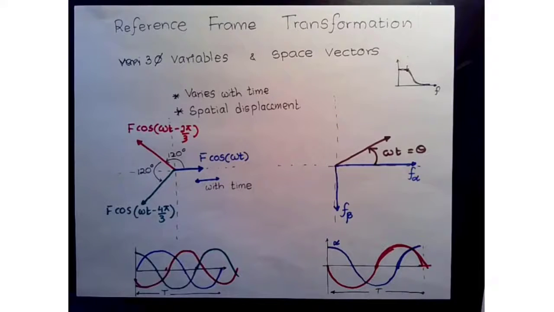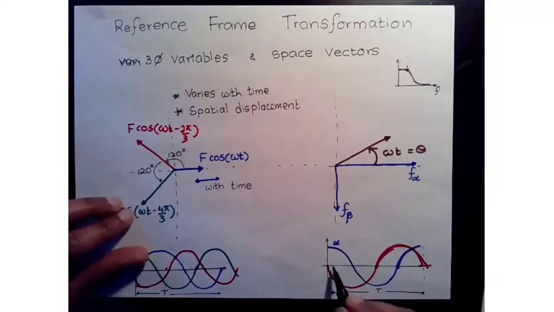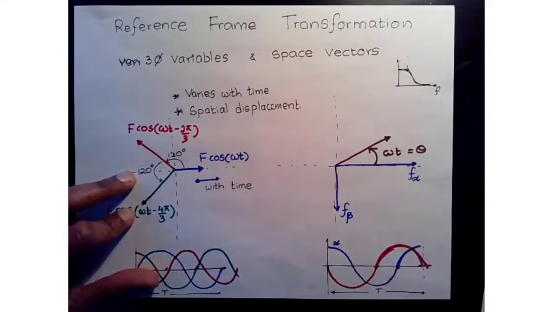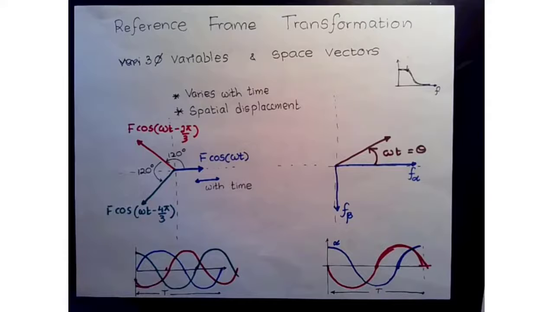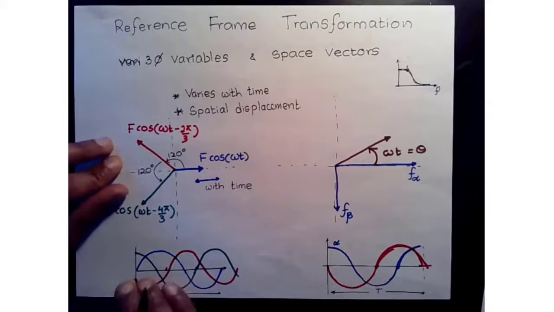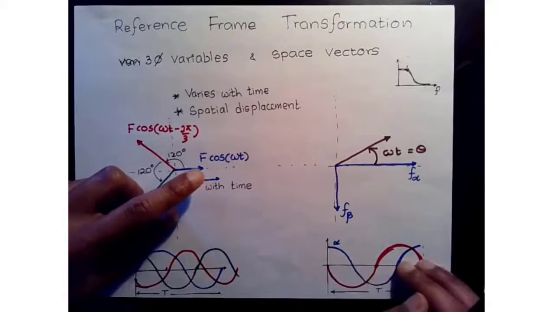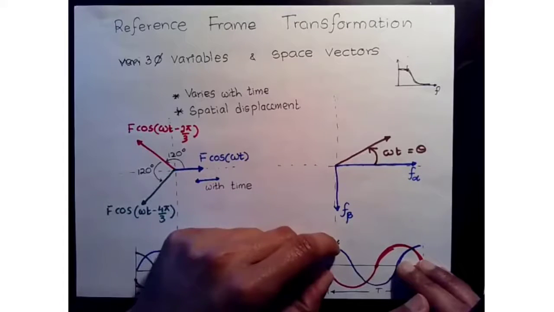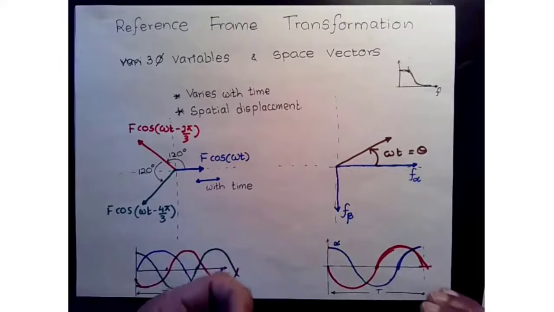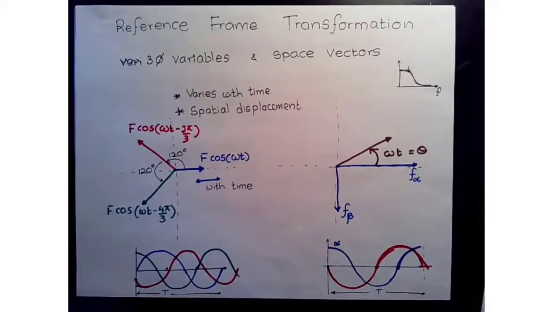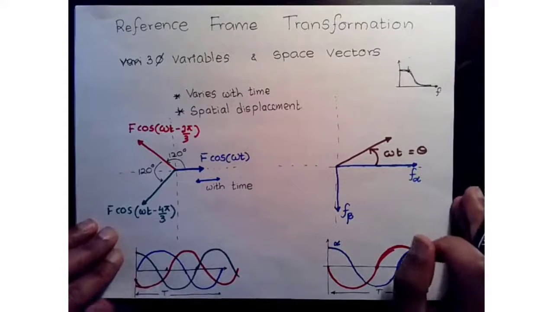Technically speaking, we have another variable, and that variable is actually going to be zero. The zero sequence variable, we won't talk about at this stage, but when we go to the final equation forms, you will see that we go from three sinusoidal variables to three variables of which two are sinusoidal. For a balanced system, your zero sequence is going to be zero. So just keep that in mind.